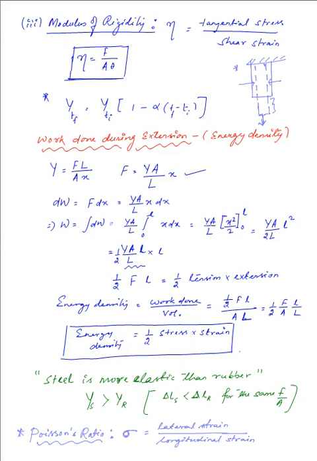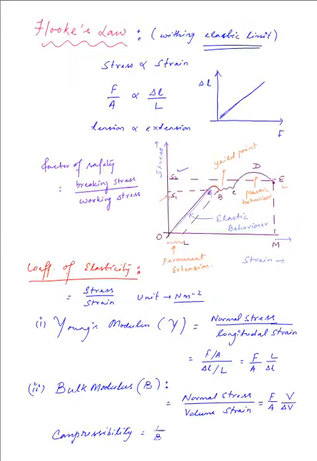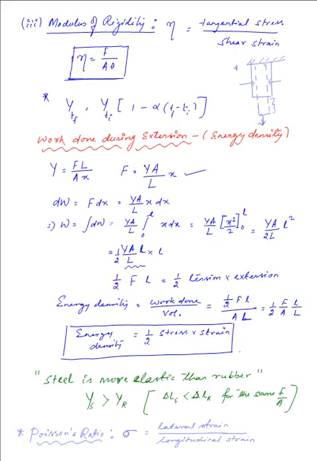Now, having studied about the coefficients, that is Young's modulus, bulk modulus, the rigidity modulus, you may be interested in obtaining the relation between them. So I'm giving you a few relations, and it's on you to try out these relations in case you wish to find them and obtain the results.